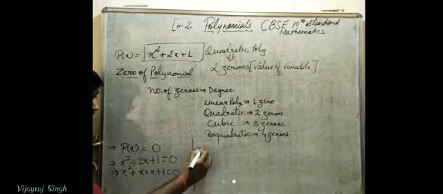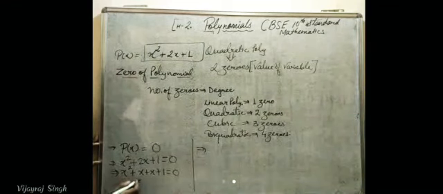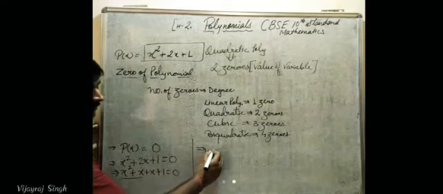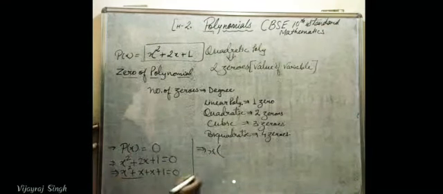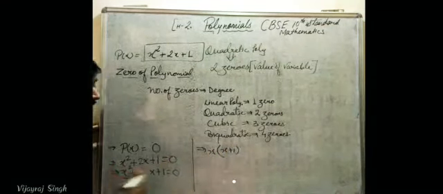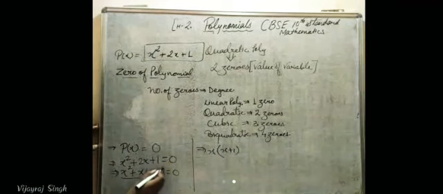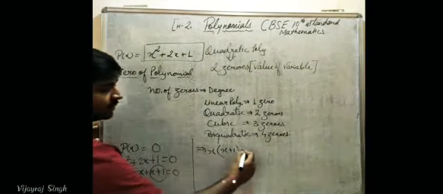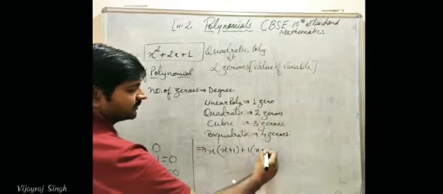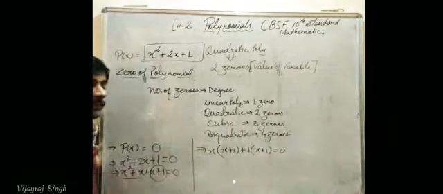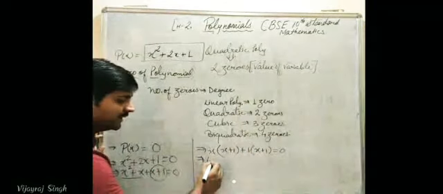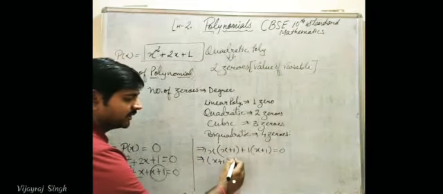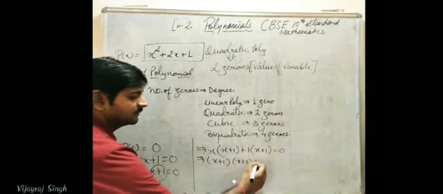Now it can be solved. First two terms we can take common. So in the first two terms, x is common, so x plus 1 is left. Then in the next two terms, 1 is common, so x plus 1 is left, and that is equal to 0. Now the common bracket, that is x plus 1, is taken outside. The other bracket is also like this.